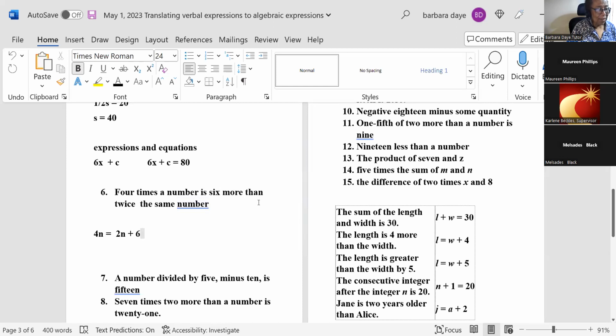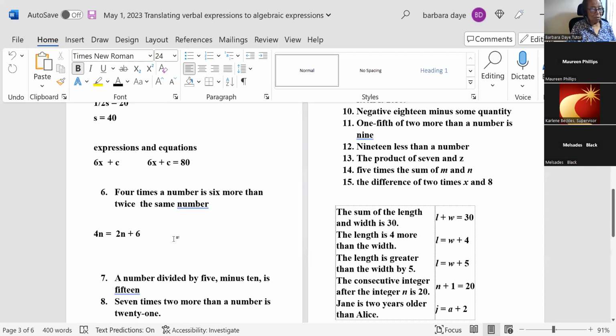6 more than. There's a 6 there. What do I add it to? I've got to add my 6 to twice the same number. That's 2n. Got it? Yes, ma'am. So read these carefully because your next assignment will be all verbal to algebraic, either expressions or equations.